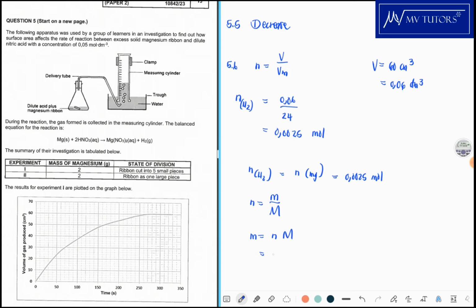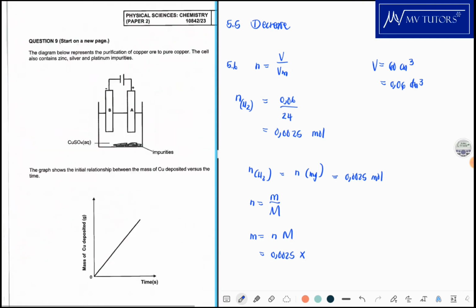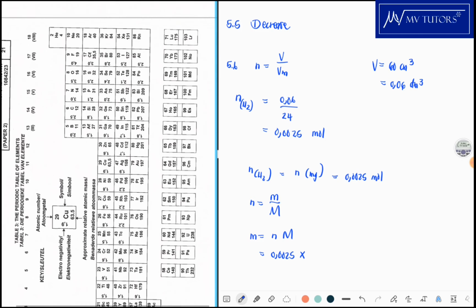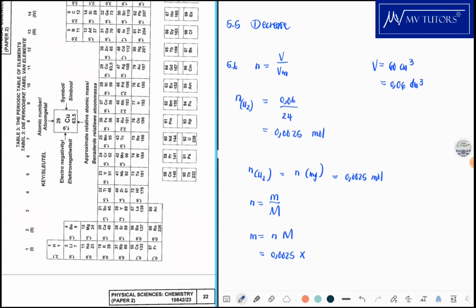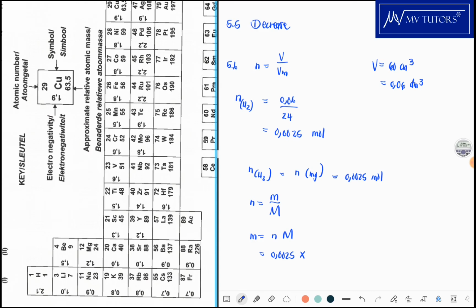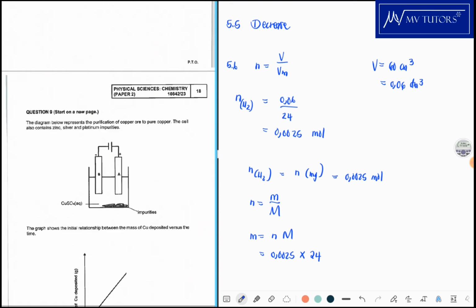All right, so number of moles 0.0025, and the molar mass for magnesium, let's just have a look at the periodic table. So magnesium is 24. I hope you can see that. Second group, third period. So there's magnesium, 24 grams per mole.